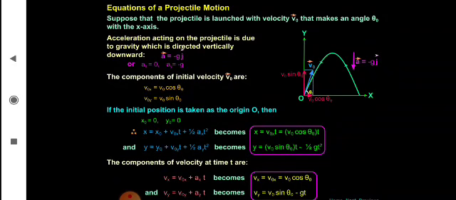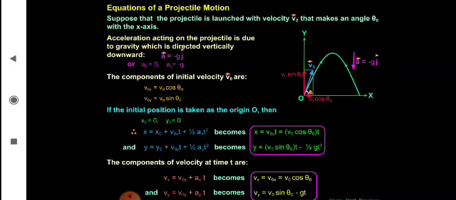If the initial position is taken as the origin O, that is 0, 0, then x naught is equal to 0 and y naught is equal to 0. Therefore the position formulas: x is equal to x naught plus v naught x into t plus half ax t square, y is equal to y naught plus v naught y t plus half ay t square.